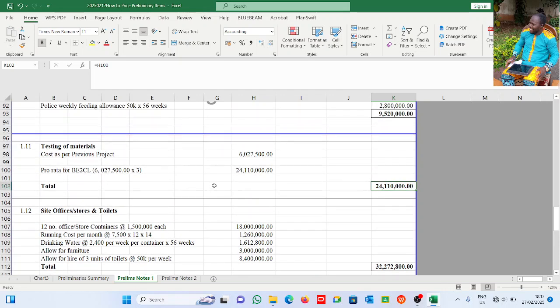Now B2CL had done a previous project, and the total test they conducted was 6.027 million naira.